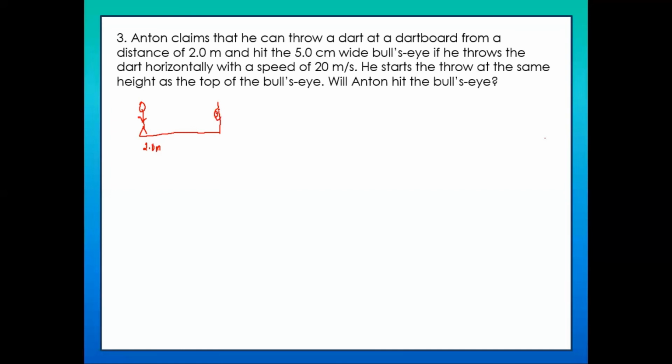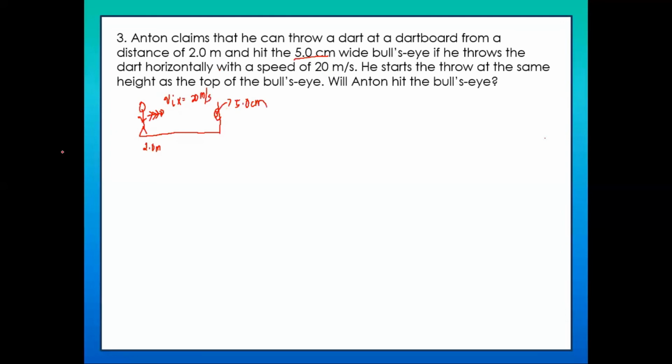The bullseye, according to the problem, is 5.0 centimeters. Here is the dart, let's say. There is an initial velocity, which is our v sub ix, 20 meters per second.